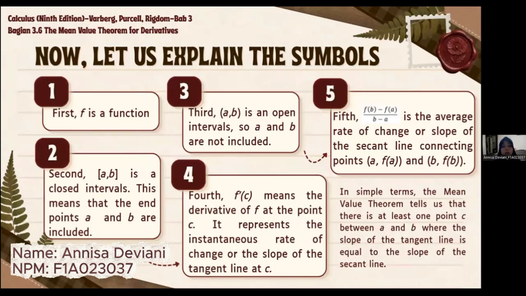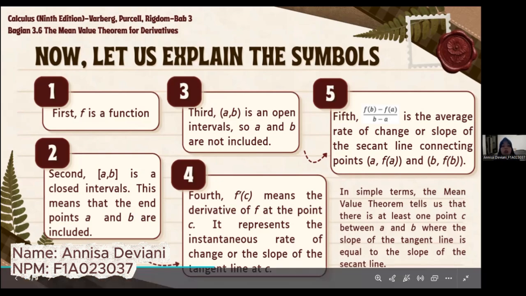Now let us explain the symbols. First, f is a function. Second, [a, b] is a closed interval. This means that the endpoints a and b are included. Third, (a, b) is an open interval, so a and b are not included.